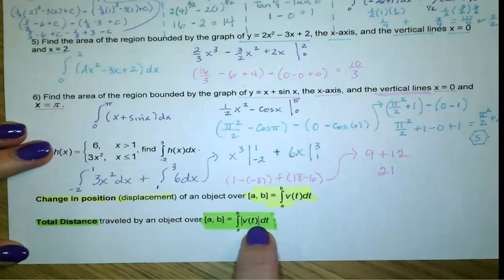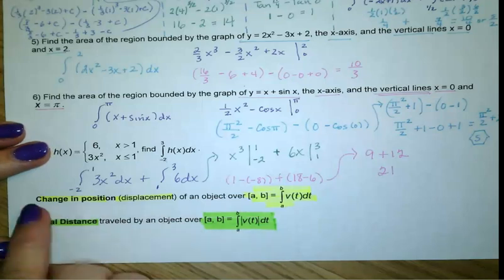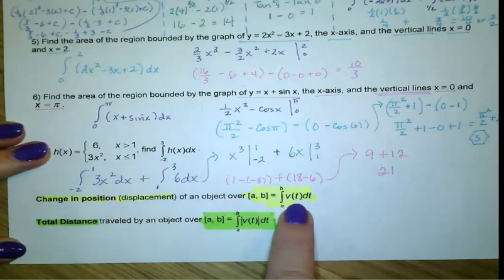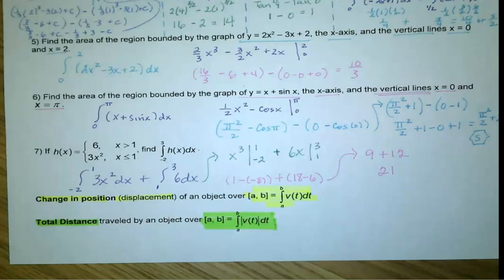So total distance is absolute value. Displacement or change in position is just your integration there. So if velocity as an integrand is a definite integral, then remember the definite integral represents the change in position. So if it's a definite integral and it's an absolute value of velocity, that represents the total distance.